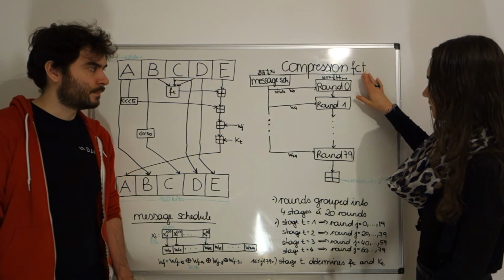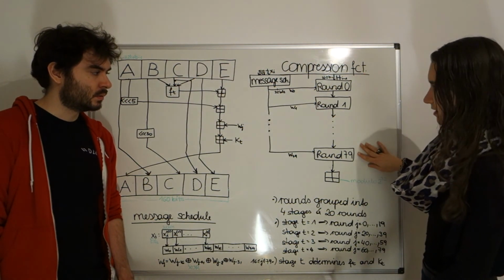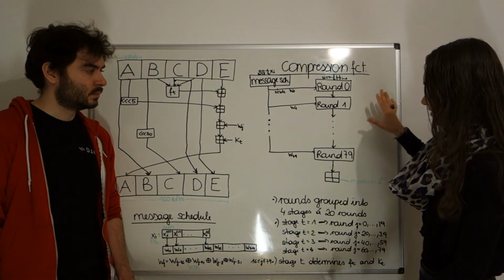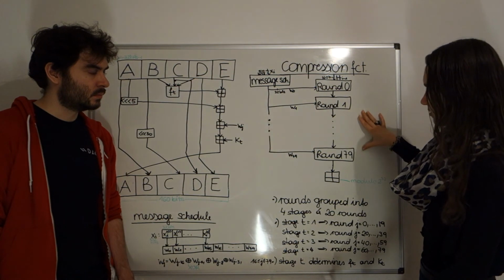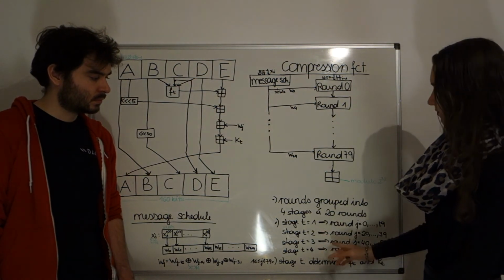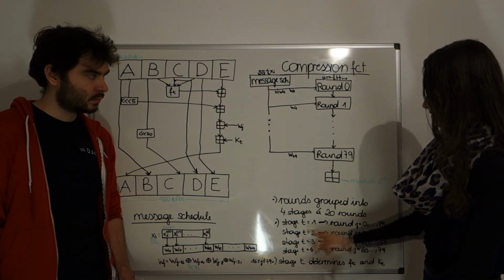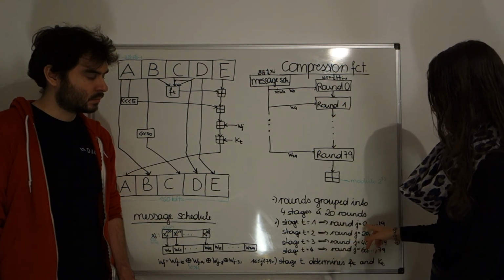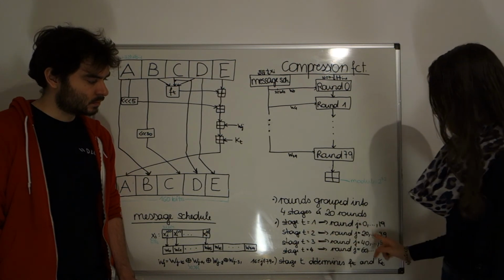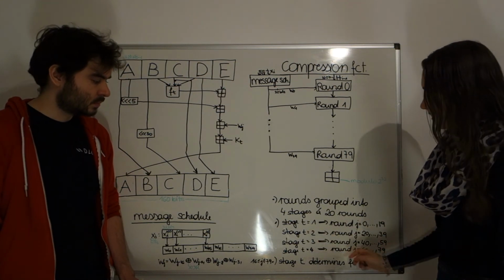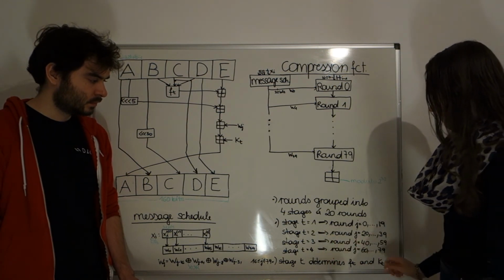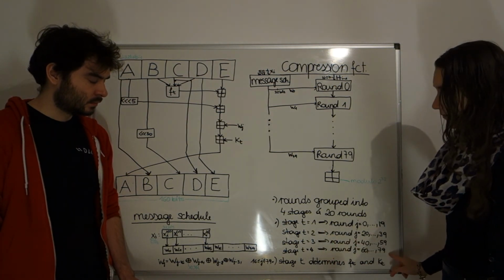So we have round 0 to round 79, which are 80 rounds in total. And these 80 rounds are grouped into 4 stages. Each stage consists of 20 rounds. So stage 1 goes from round 0 to round 19, stage 2 from round 20 to round 39, stage 3 from round 40 to 59, and stage 4 from round 60 to 79.